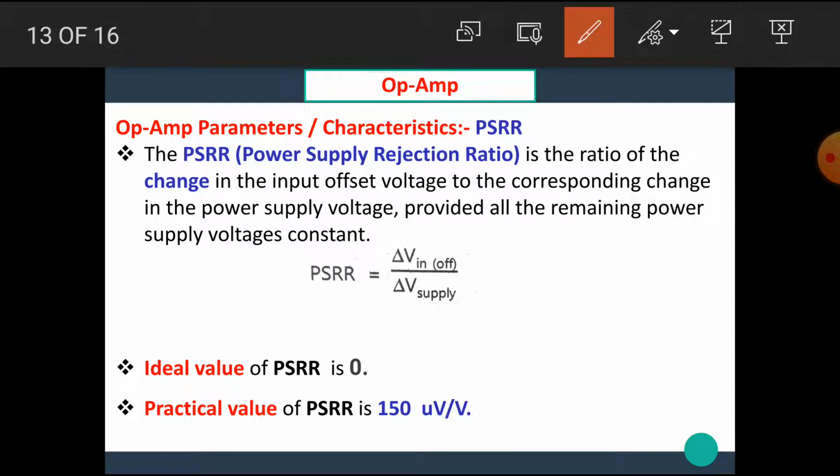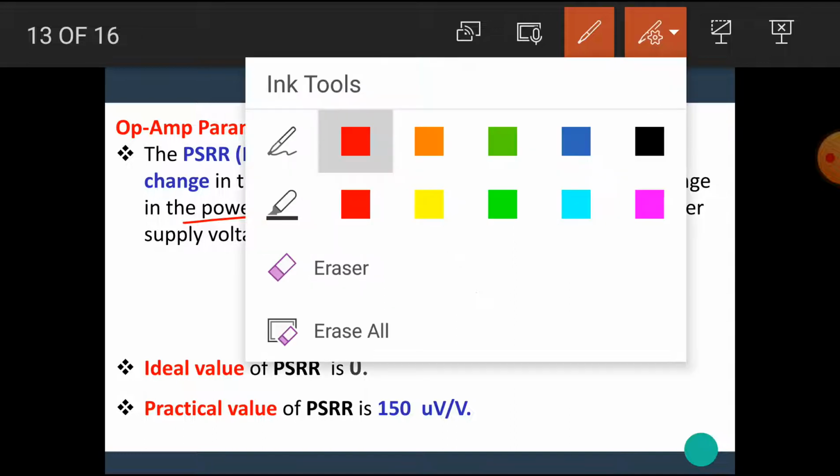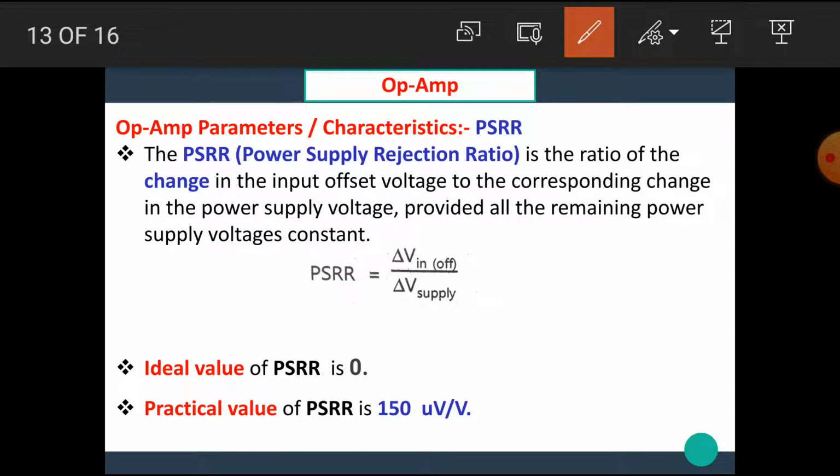Now let's see the next term, the PSRR. The PSRR, or the power supply rejection ratio, is the ratio of the change in the offset voltage to the corresponding change in the power supply voltage, provided all the remaining power supply voltages are constant.